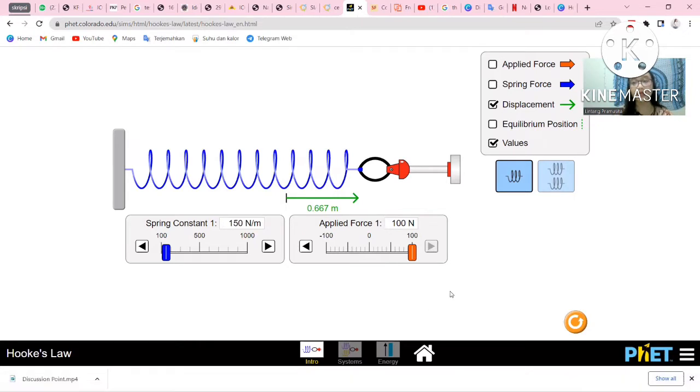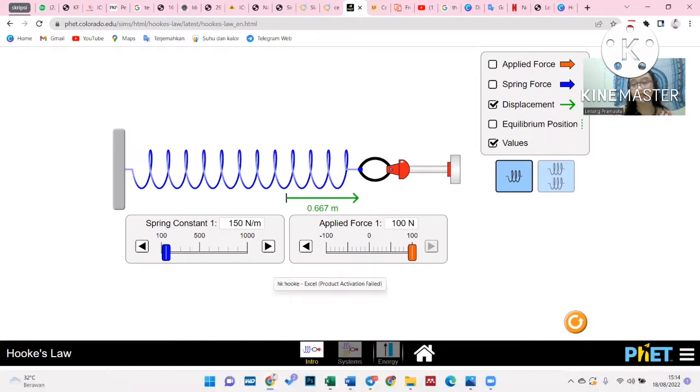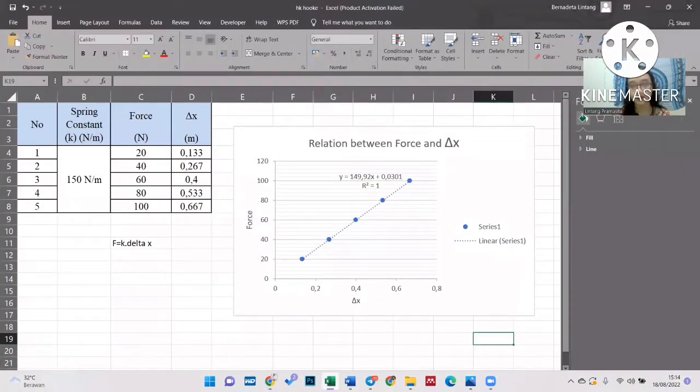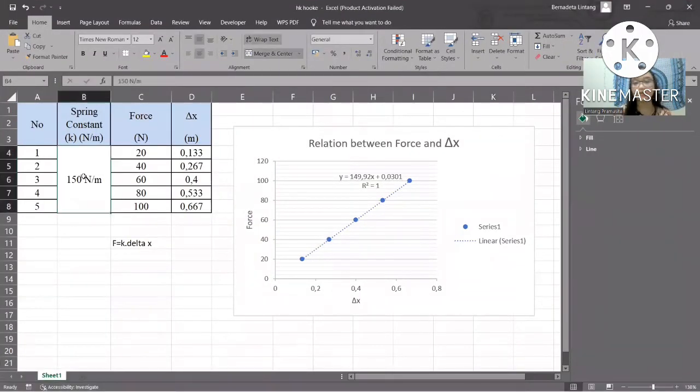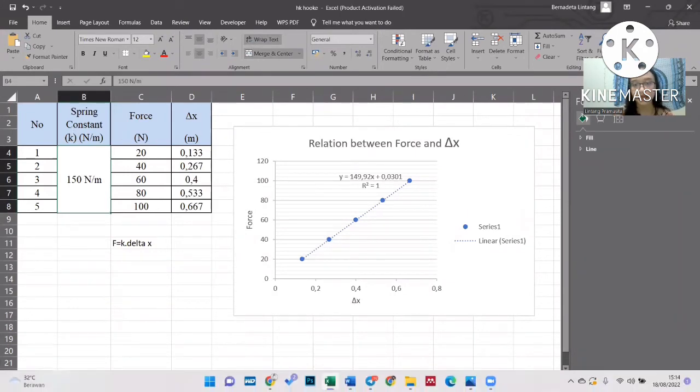And we can analyze this through the graph or in mathematical form. We can use Microsoft Excel. We can make a table about the spring constant, or k.